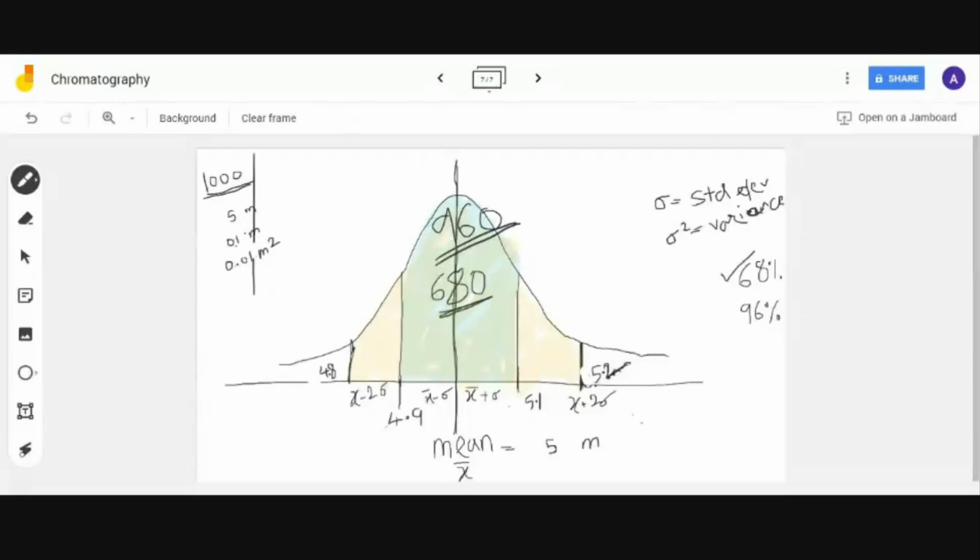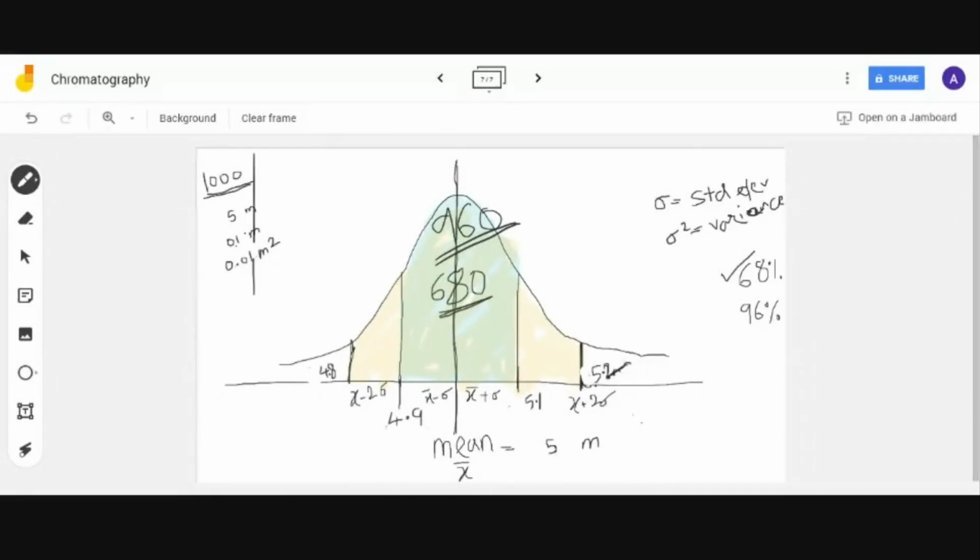Do you understand how I correlated the logic of the Gaussian curve of errors to the signal produced by the column? Can you correlate? I will repeat my statement.